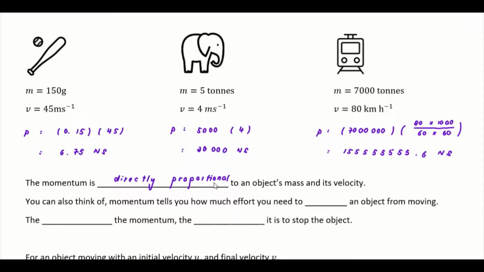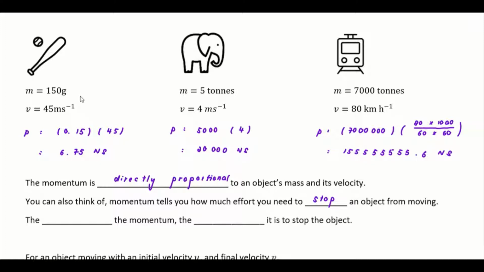You can always imagine momentum as telling us how much effort you need to stop an object from moving. Imagine someone is trying to throw a baseball to you, either at a very low speed or at a very high speed. Which one do you think needs more effort to stop, to catch the ball?